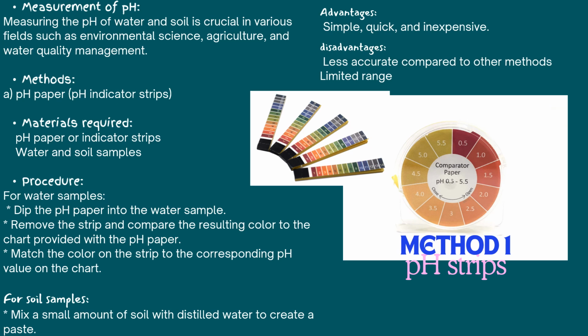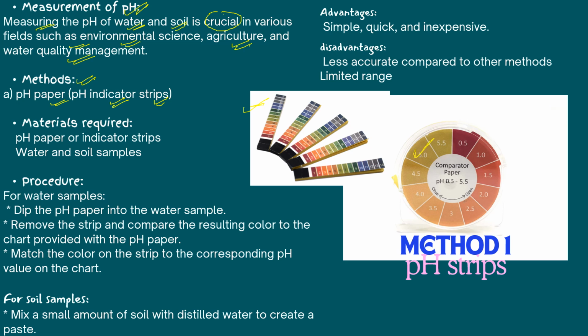So the first thing you are seeing here is that measurement of pH in water and soil samples is crucial in various fields such as environmental sciences, agricultural field, and water quality management. So basically what we need here is pH paper or pH indicator strips like this one.